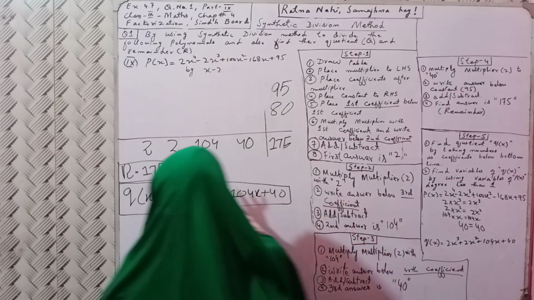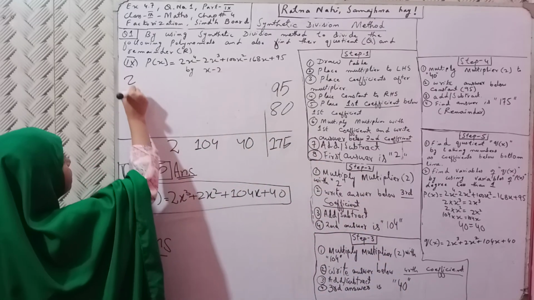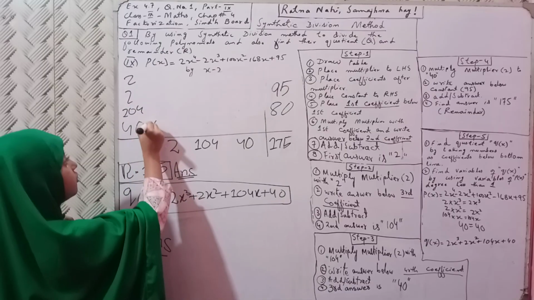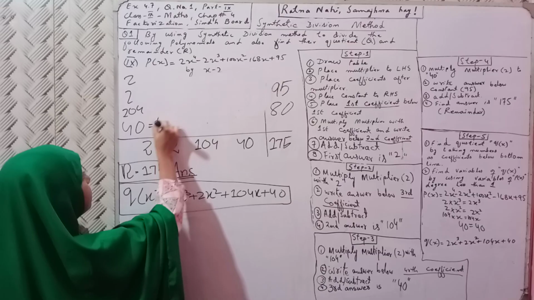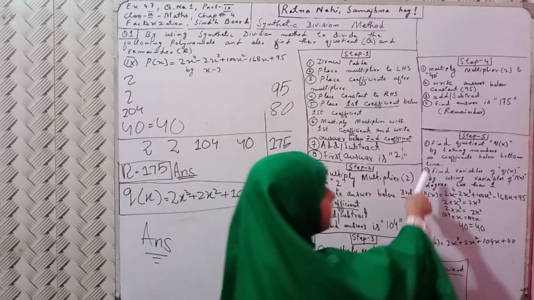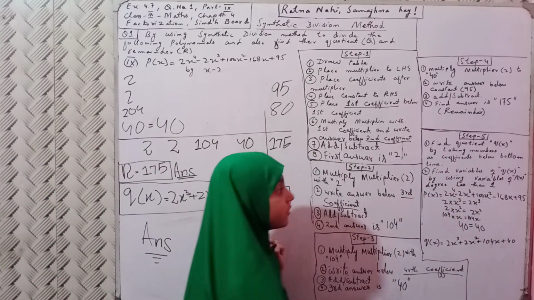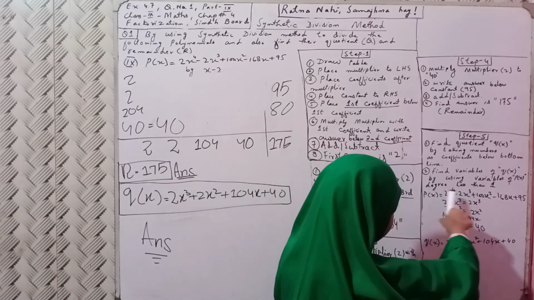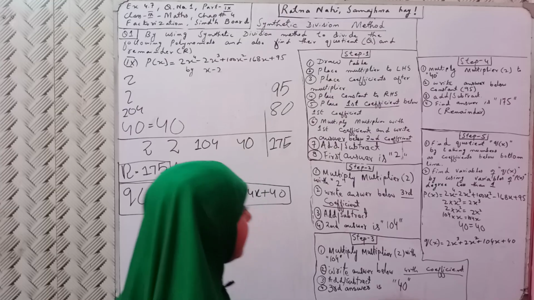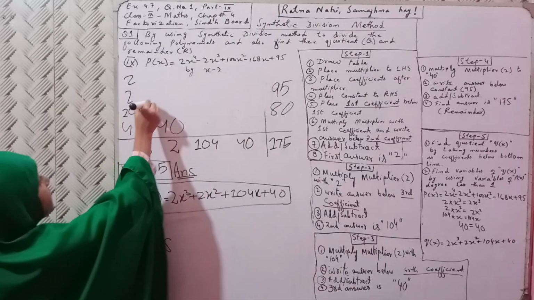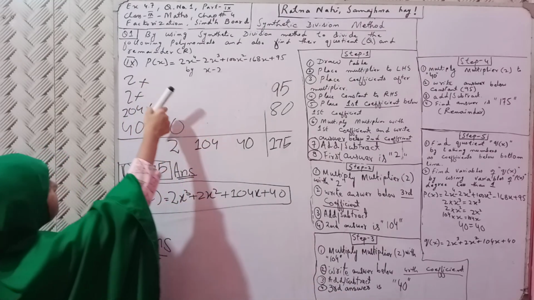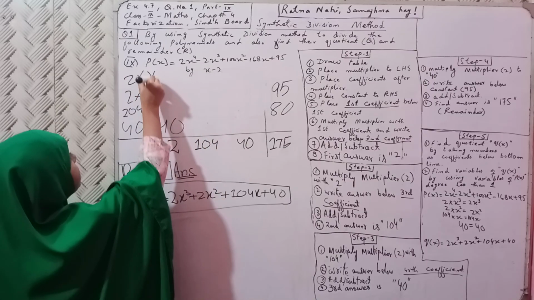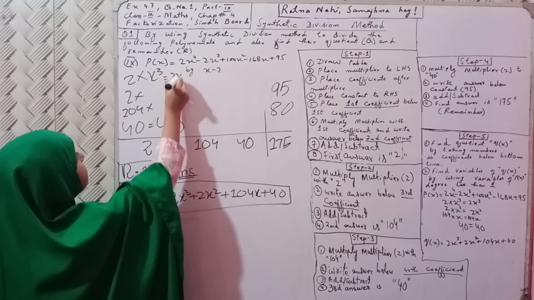First of all, we will write here 2, 2, 104 and 40. That's why we find the quotient q(x) by taking the numbers as coefficients below the bottom line. And second, find the value of q(x) by using the variable of p(x) with degree one less. Understood? So here is x power 4, x cube, so 2x cube.